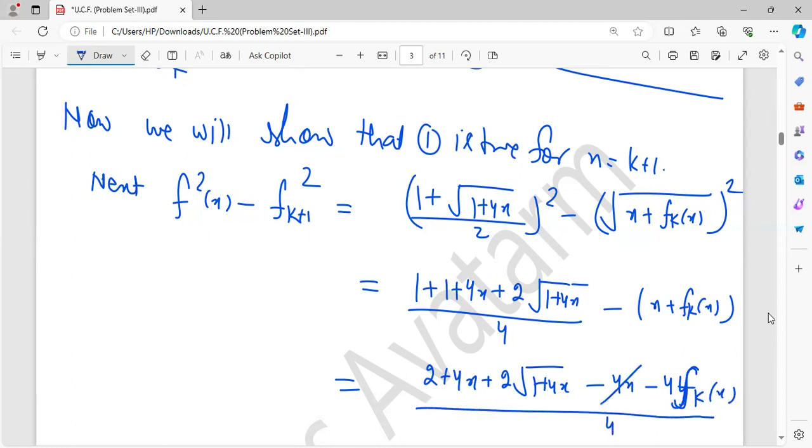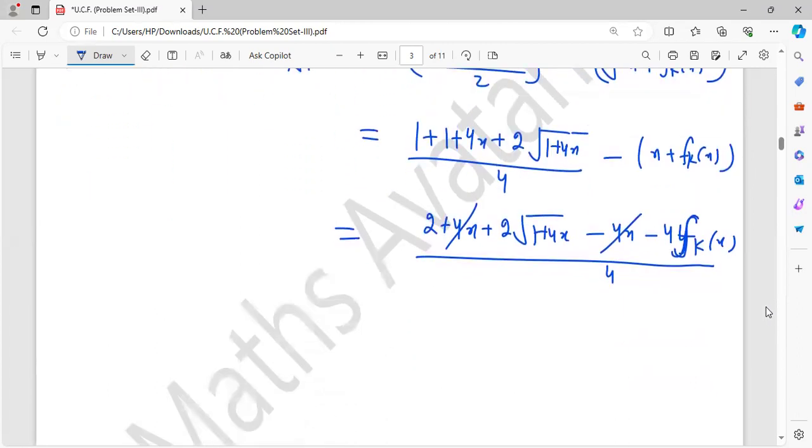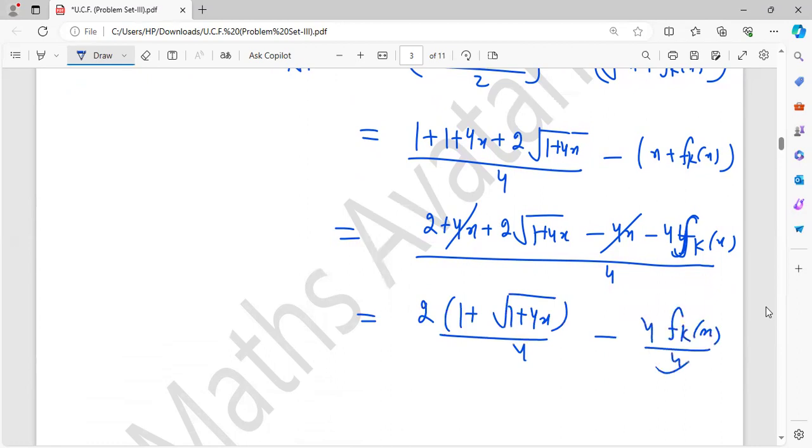So 4x cancels out. Okay, now you separate them, what will you get? 2 will be common: 1 plus root of 1 plus 4x upon 4 minus 4 f_k(x) upon 4, that is cancel. 2, root of 1 plus 4x by 2 minus f_k(x).